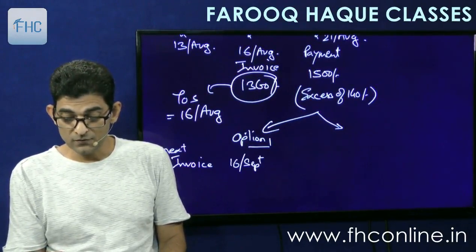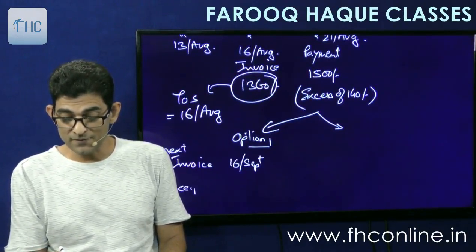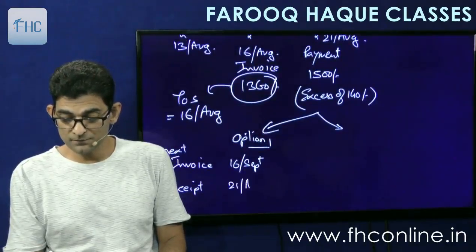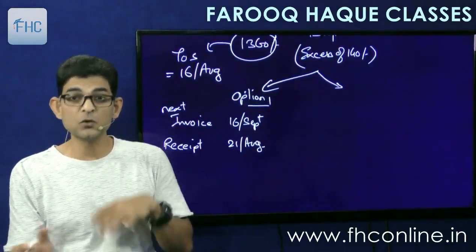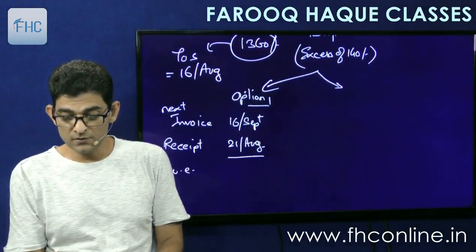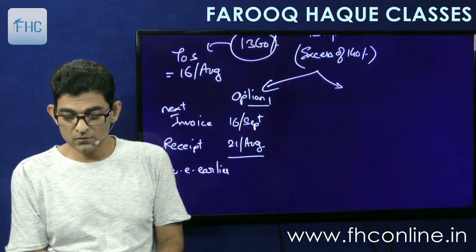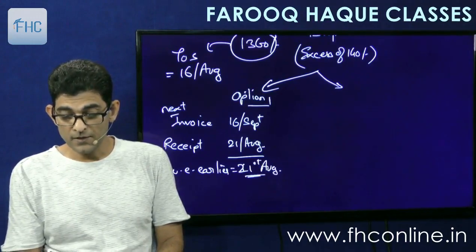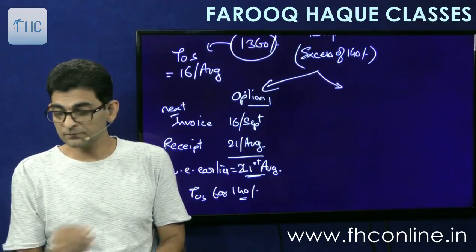But the receipt has already happened. When has the amount been received? 21st of August. So if we apply the normal rule, then we'll take whichever is earlier, which will be 21st of August. So this will become the time of supply for that 140 rupees.